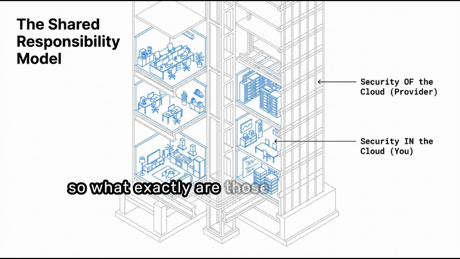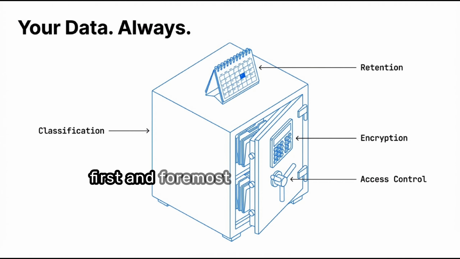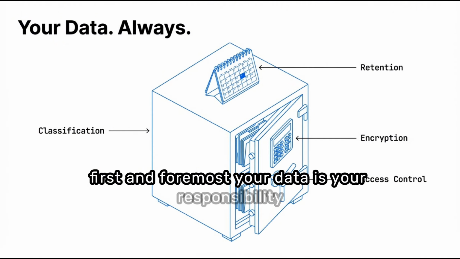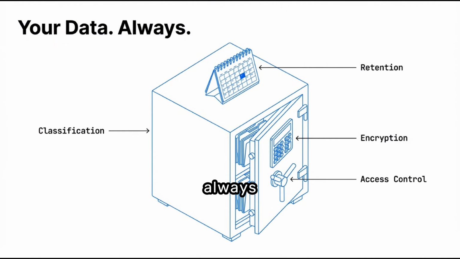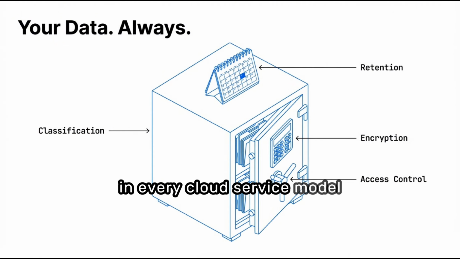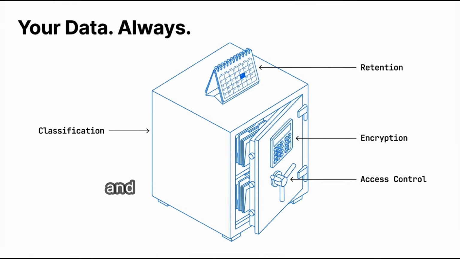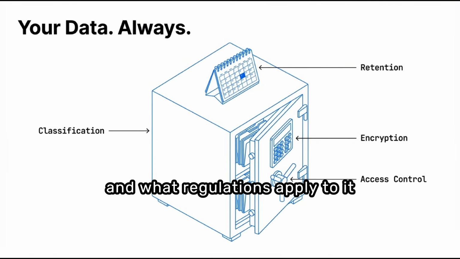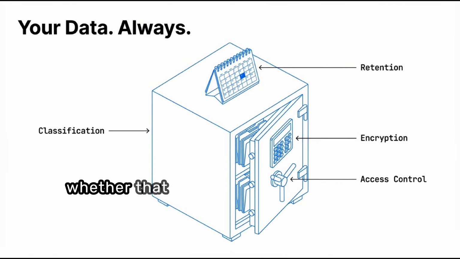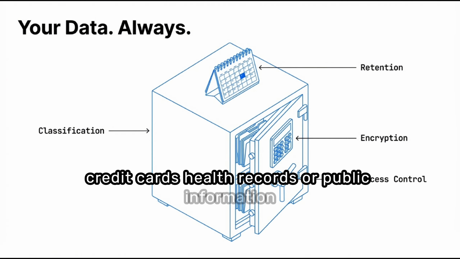So what exactly are those responsibilities? Let's break it down by the critical areas you need to manage. First and foremost, your data is your responsibility, always. In every cloud service model, this means data classification, understanding what data you have, how sensitive it is, and what regulations apply to it. The cloud provider doesn't know whether that database contains customer credit cards, health records, or public information.